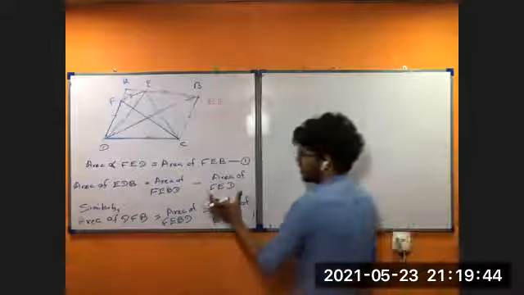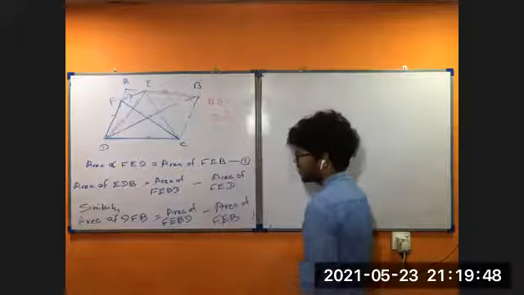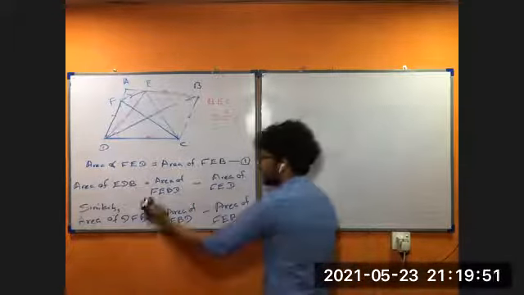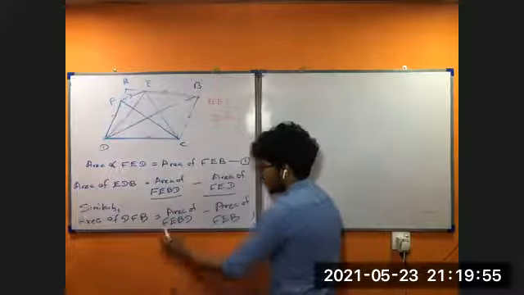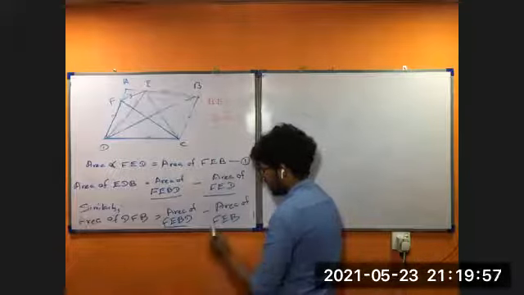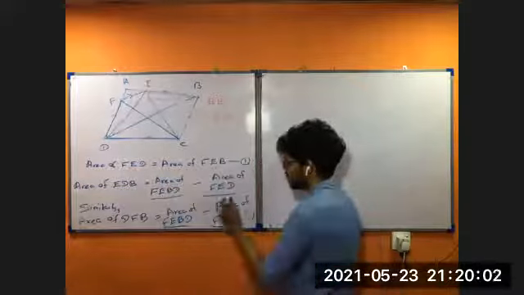So here you can see you already proved that area of FED and FEB are the same, right? So here I have area of FEBD subtract area of FED. Here I have area of FEBD subtract area of FEB. So here you proved FED is equal to FEB. So these two are the same.